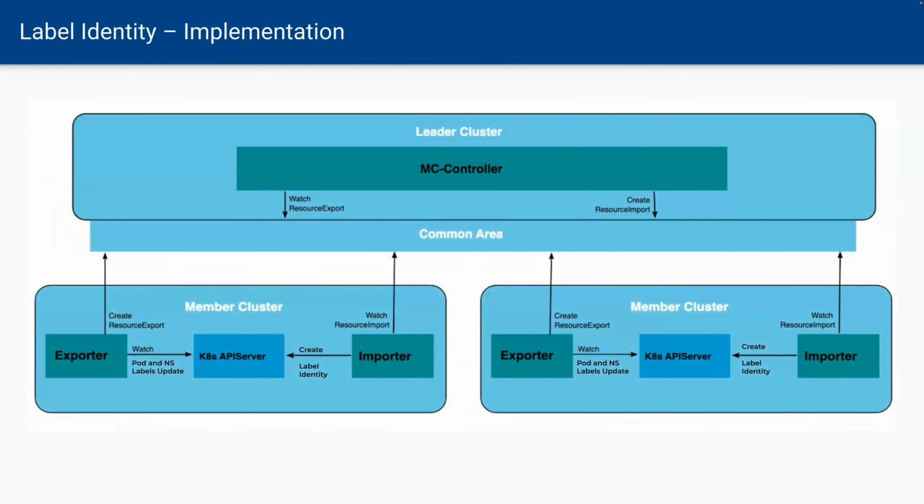So by the end of the day, what will happen is that for each of the member clusters in the entire cluster set, we will have a list of label identities, which is basically a normalized label and the ID assigned to the label. So every cluster will have the same information. This is the basis on how we are able to enforce a stretched network policy.